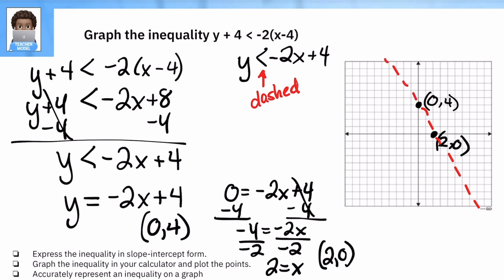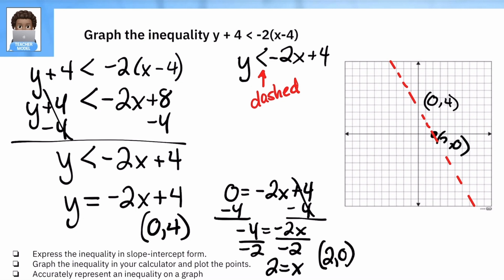So I kind of made a dashed line. It's not perfect. That's why I usually use a straight edge. I like to go through the points and make the line, and then use my eraser to dash it. Okay, so it's a dashed line.